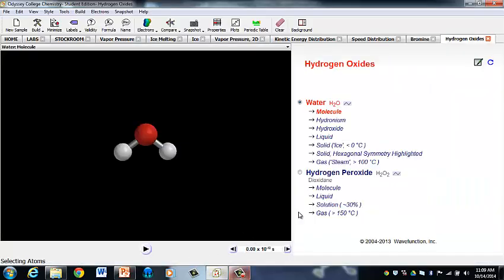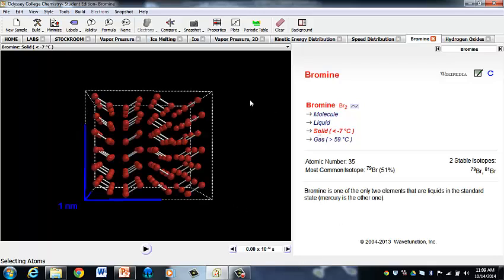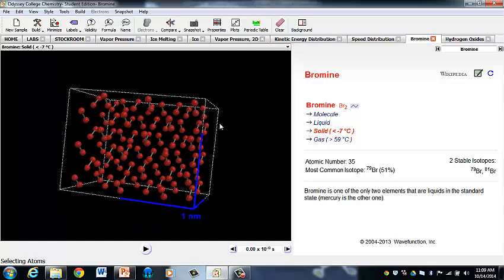I'm going to start with the element bromine, Br2. There's a molecule of bromine. Actually, could we turn the lights off? All right, there's a single molecule of bromine. And then here's solid bromine.